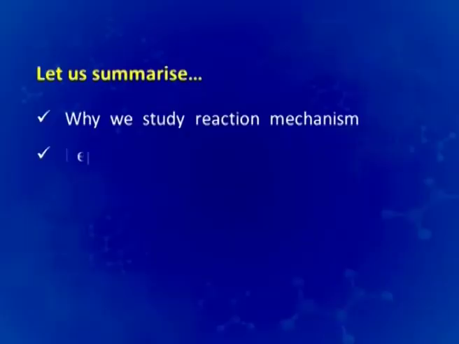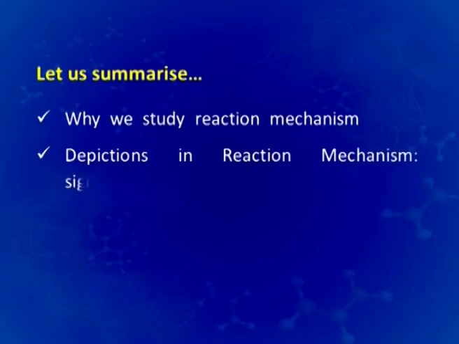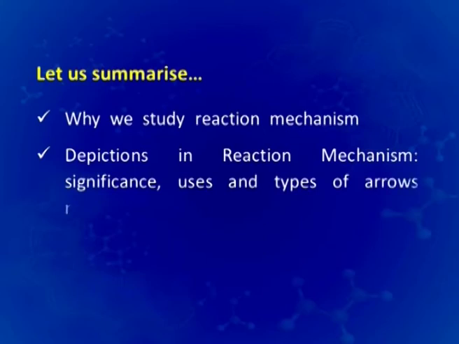Then of course we saw some of the very important depictions in reaction mechanism, that is the arrow notation, and its significance, its use, and what the arrows exactly depict while we are explaining the course of a reaction.